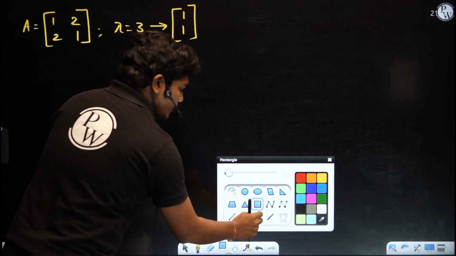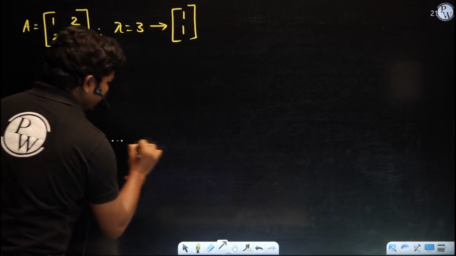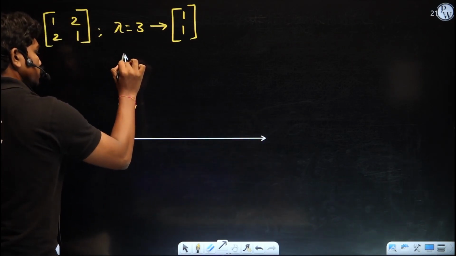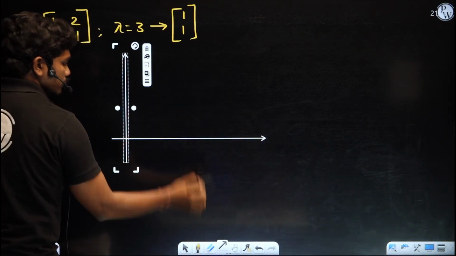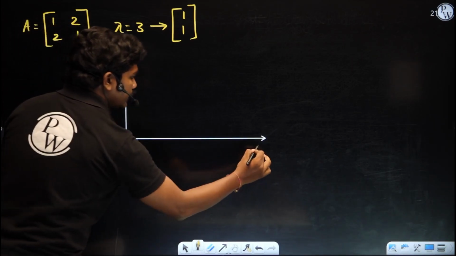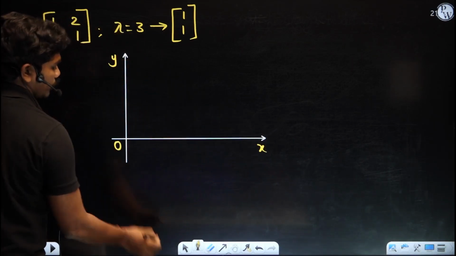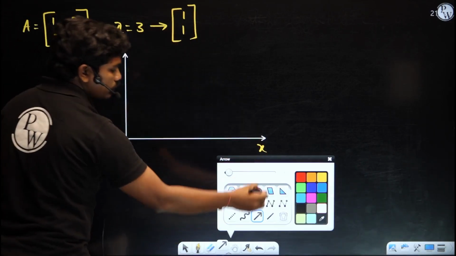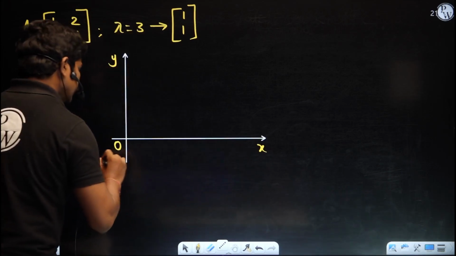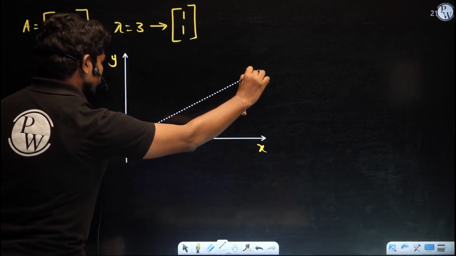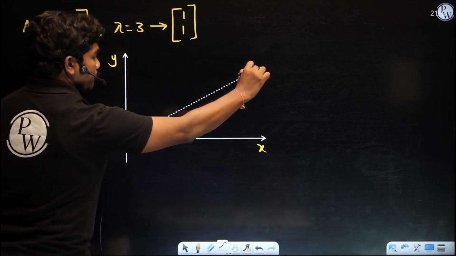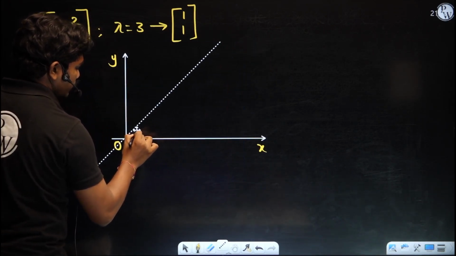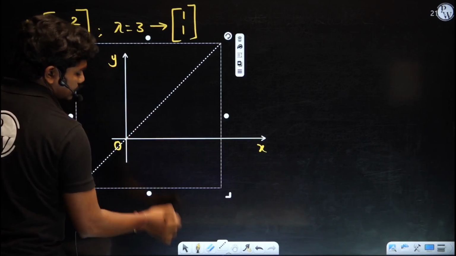Look, when you take this xy coordinate system with the origin, and take any vector in this direction, the line y is equal to x is something like this.